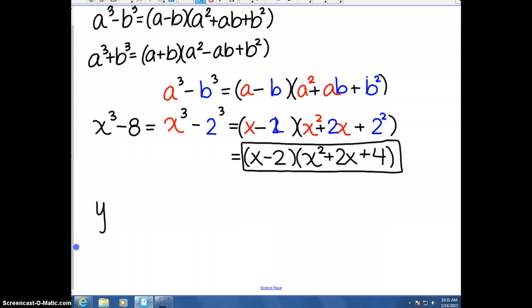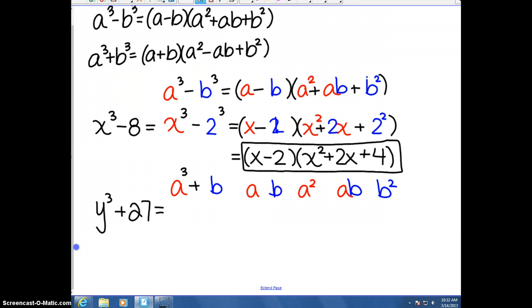Maybe I have y cubed plus 27. Again, the only difference in the formulas are a couple of sign changes.